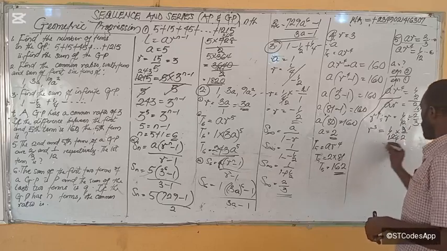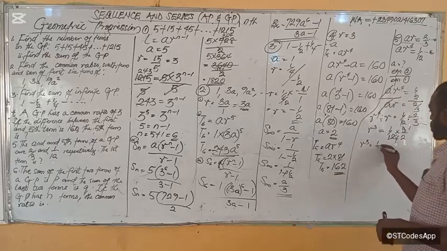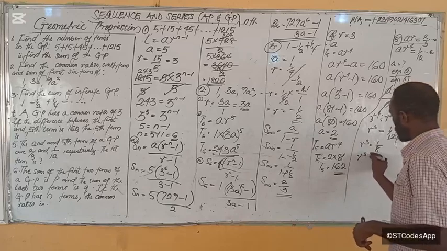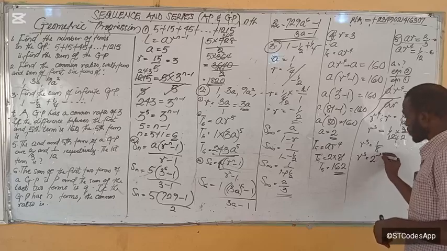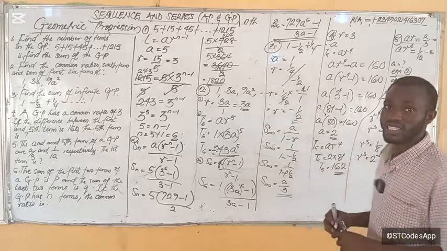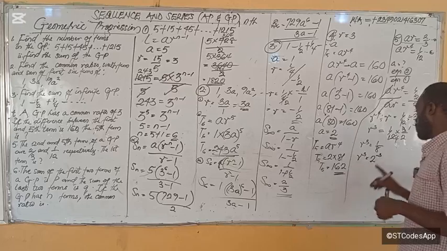Here 1, here 4. So R cubed becomes 1 over 4 times 2, that is 1 over 8. So R cubed is 1 over 8, which is 1 over 2 raised to power 3, which is the same as 2 to the power minus 3.